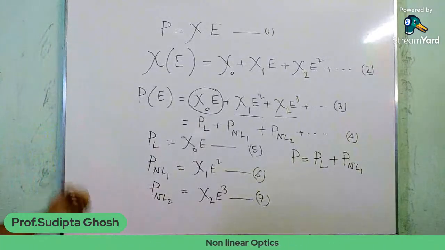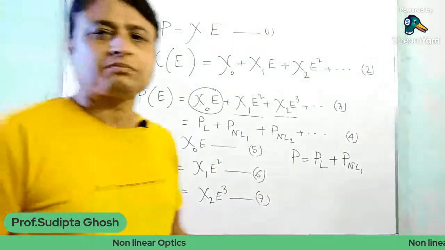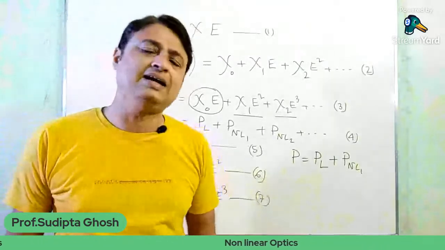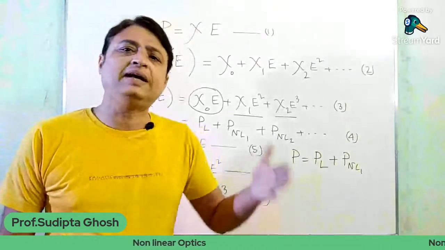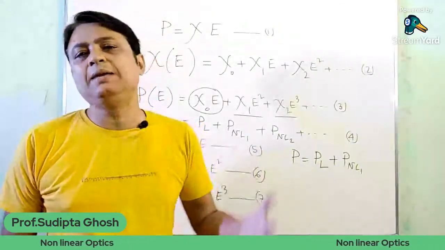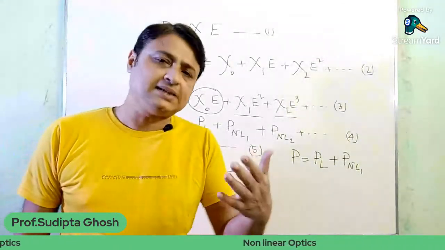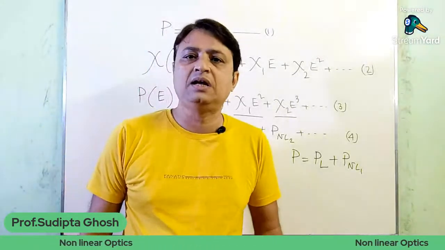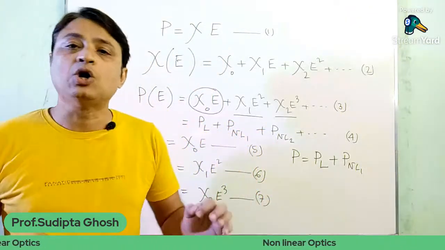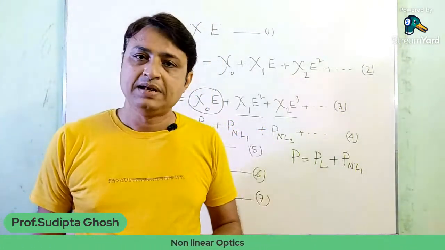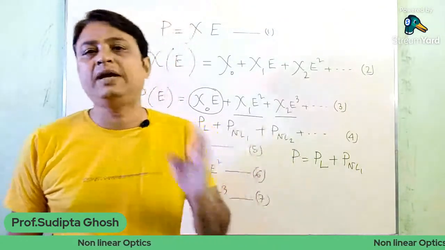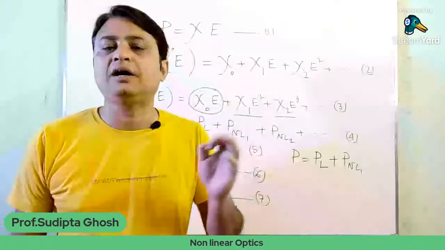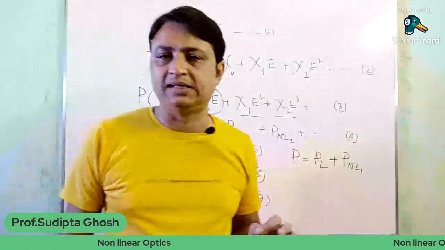to chi0 E. So what I am saying is that every time you find a dielectric material, if a highly intense, highly polarized optical beam such as a laser interacts with it, you will always find some non-linear effects there. But that doesn't mean that every dielectric material is a non-linear material. That is not the case.